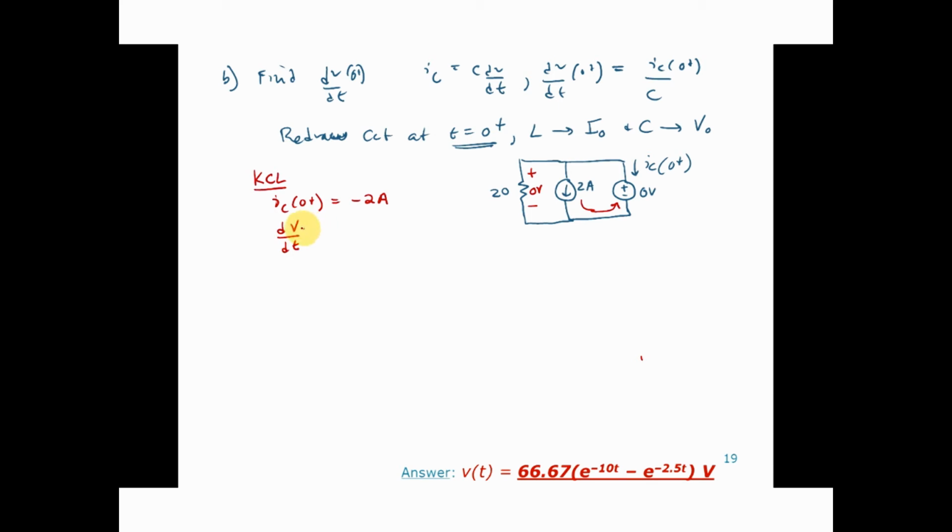And so therefore dV/dt at 0 plus, I don't really have to say VC because it's the same voltage across all of those elements, is then just going to be IC of 0 plus over C, which is minus 2 over whatever C is, 0.004 farads, which is going to give us minus 500 volts per second.